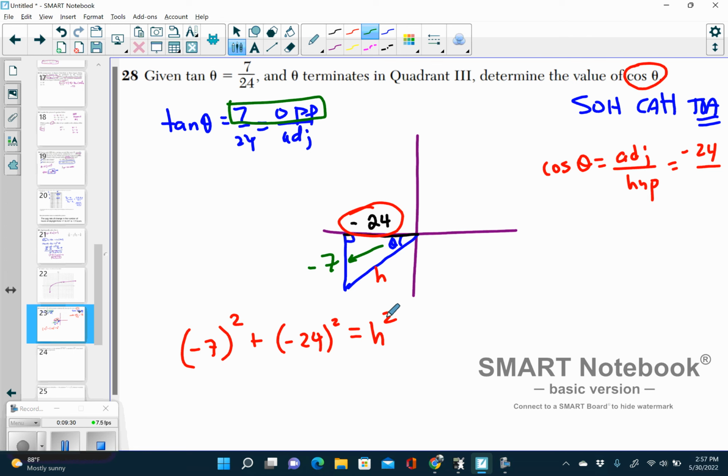So I solve all of this, and I'm going to get h is equal to 25. So solve it, and you'll see that you get 25. Let me know if you get stuck as to how to do that. So you have -24 over 25 as my final answer for cosine. And I know that cosine has to be negative because in the third quadrant, my signs are negative, negative, and cosine is negative. Okay?